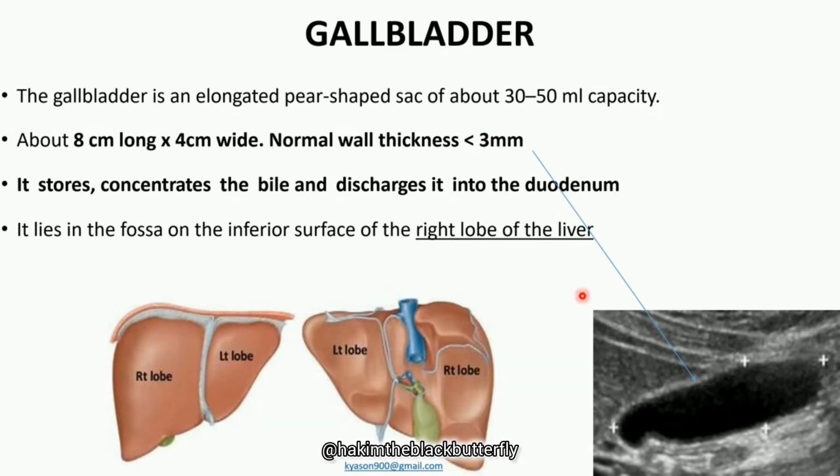If there is any kind of inflammation of the wall, because of the fluids that are going to be produced, the wall is going to thicken, and that will be a signal that there is gallbladder inflammation, or what we call cholecystitis. Location, of course, it's going to lie in its fossa, which is beneath the inferior surface of the right lobe of the liver. We talked about that yesterday.